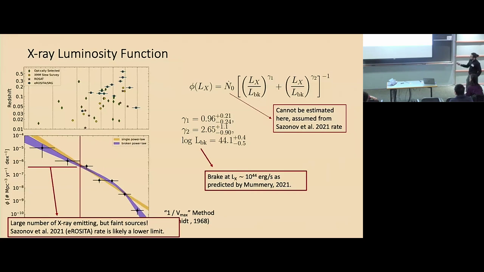So this basically means that the rate that Sazonov et al. calculated from the Rosetta sample, which was a rate of TDs with luminosities higher than 10 to the 42.5, is just a lower limit on the rate. There's a much bigger population of X-ray faint sources that they miss out.